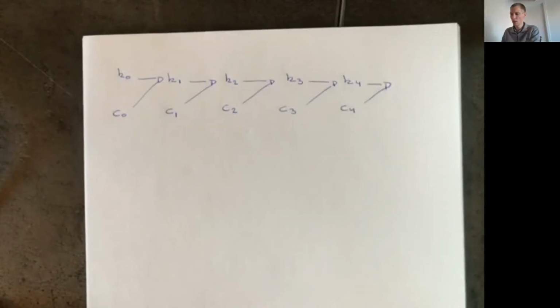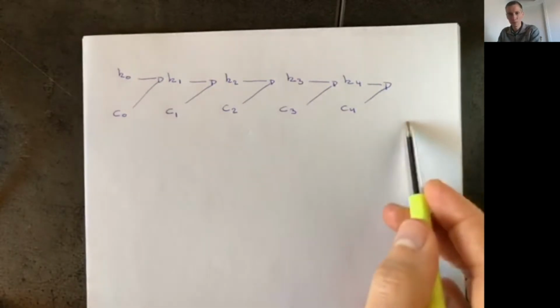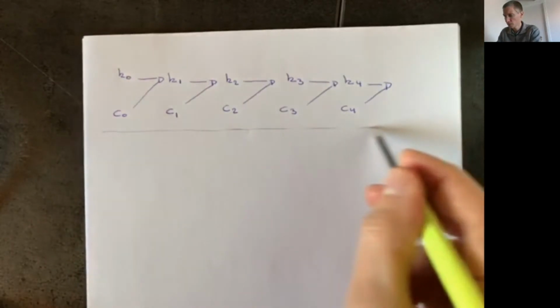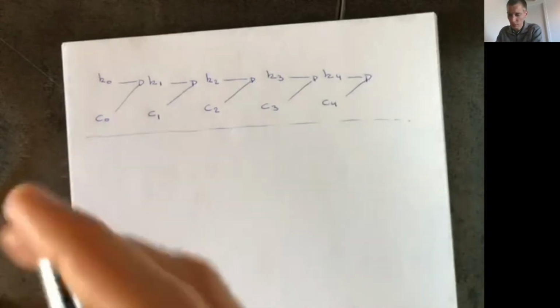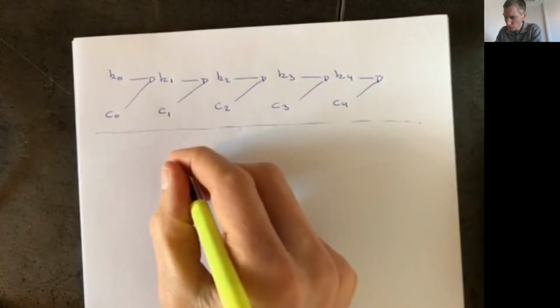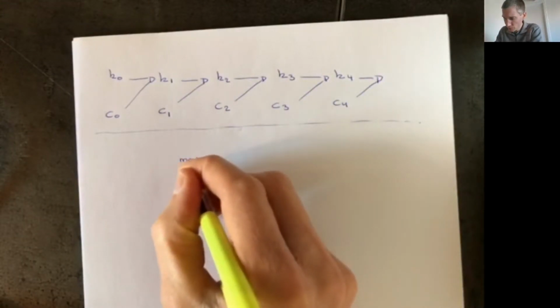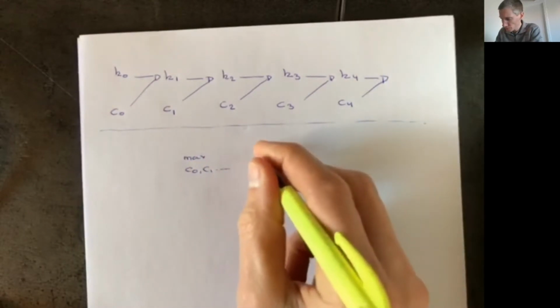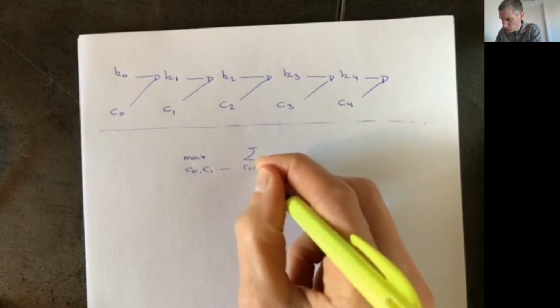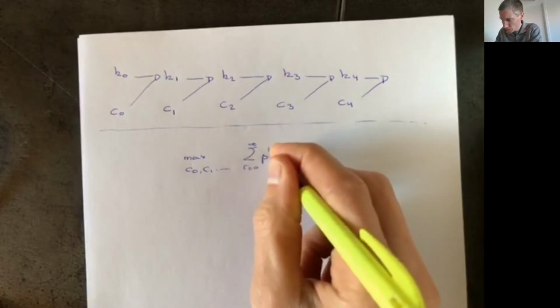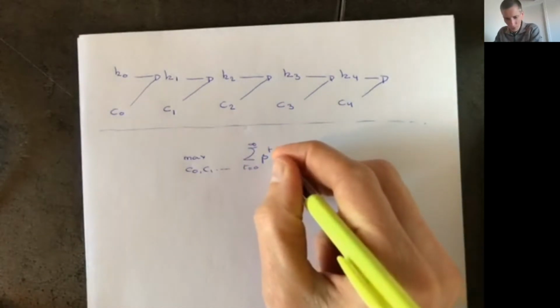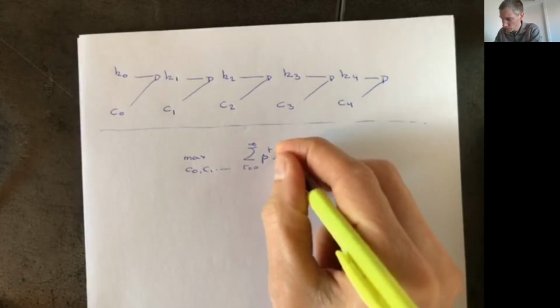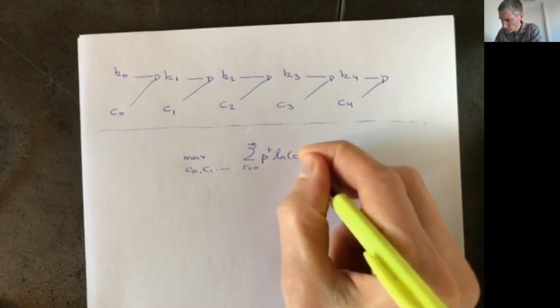Okay. So if we look at this entire problem, this entire horizon, this corresponds to the following optimization problem, where we want to maximize with respect to C0, C1, and so on, the sum from t equal to 0 to infinity of beta to the power t times the utility, so ln of c_t.